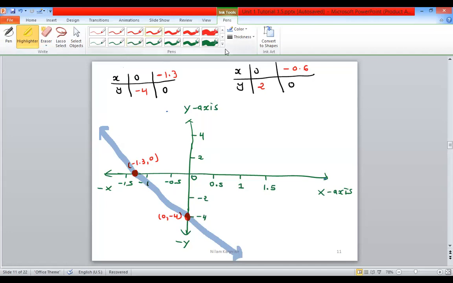The second point is x is 0, y is positive 2. This is your second point. Second, x is 0.6, but it is negative, and y is 0. So 0.6 may be here.